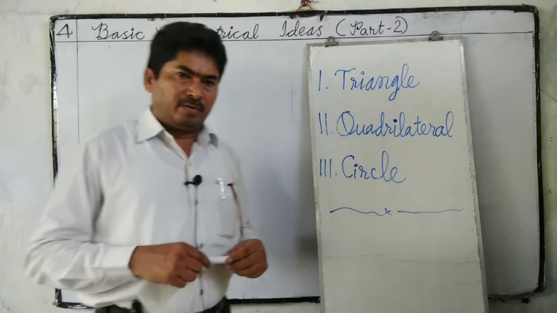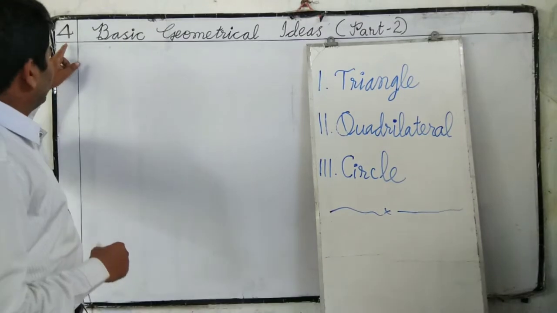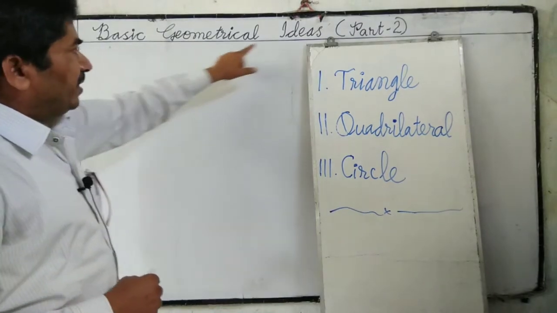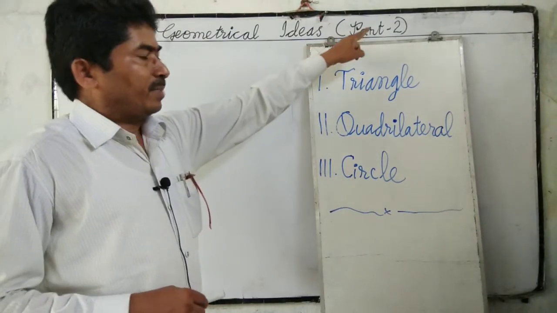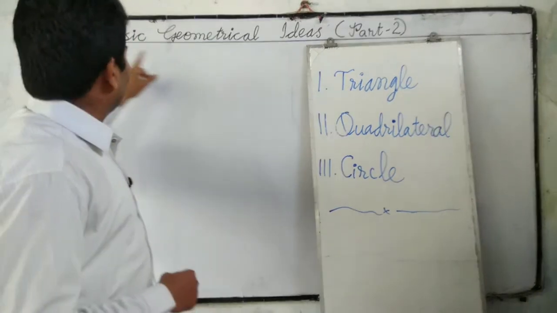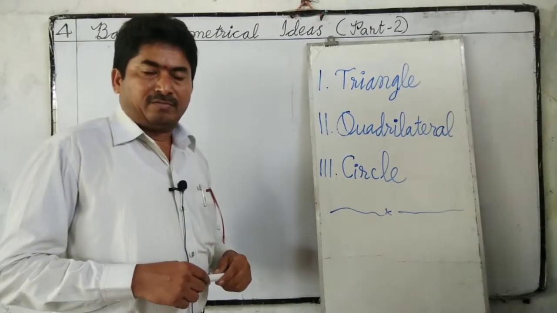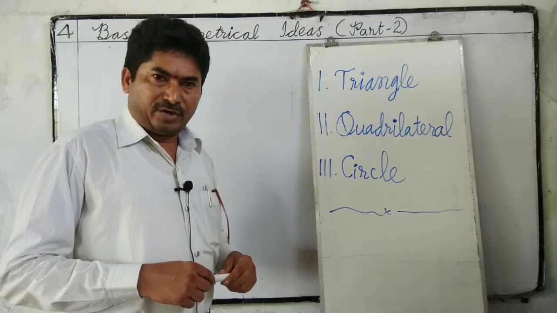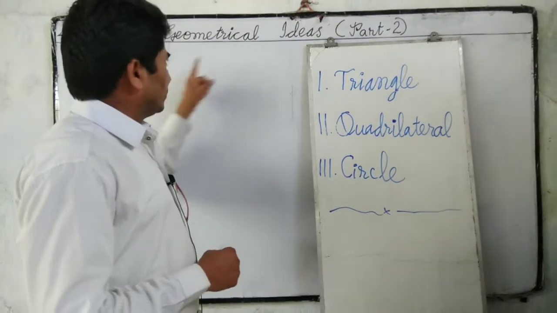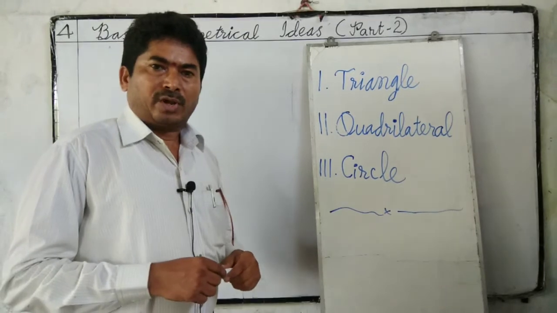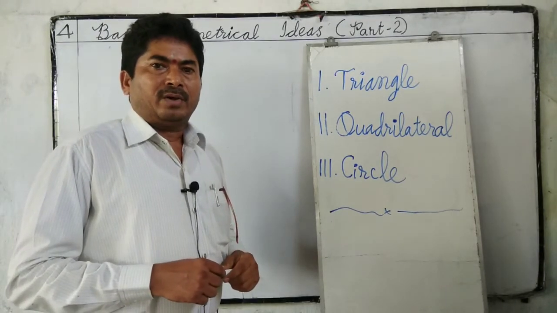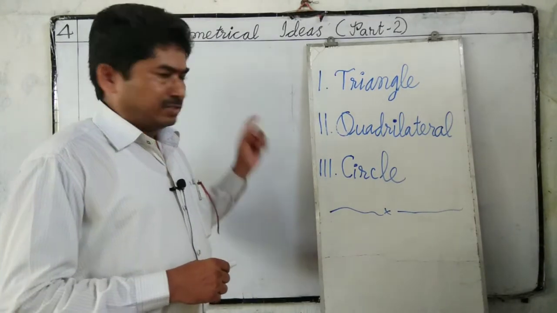In this video, I would like to teach you Chapter 4 Basic Geometrical Ideas. This is the part 2 video on Basic Geometrical Ideas. If you haven't watched my first video on Basic Geometrical Ideas, you immediately watch that video and then watch this video.